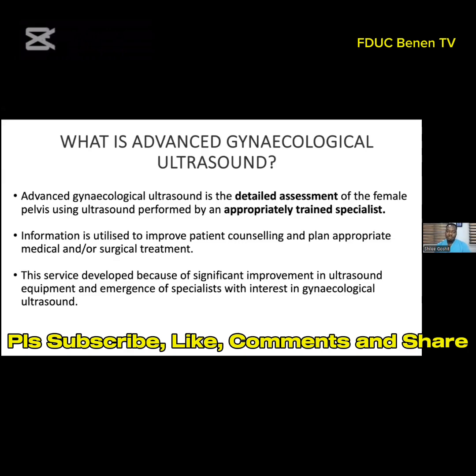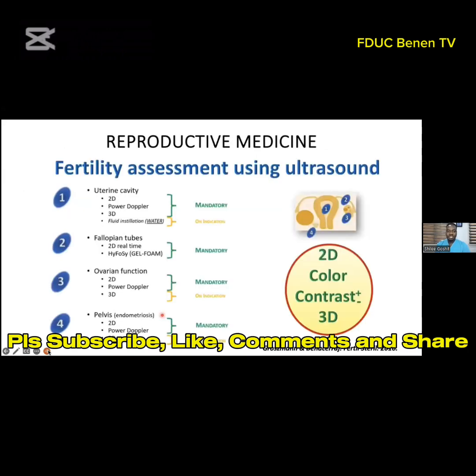And you notice we said by appropriately trained specialists. This information is used to improve patient counseling and plan treatment. Because of better equipment and specialists, we have more advanced gynae ultrasound being carried out. We can do fertility assessment.